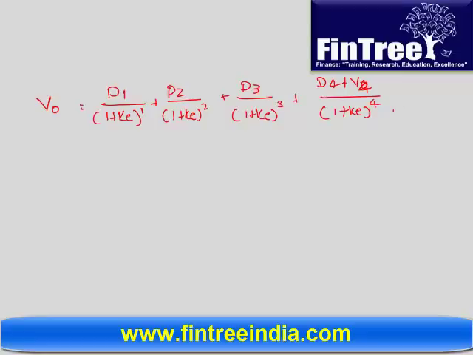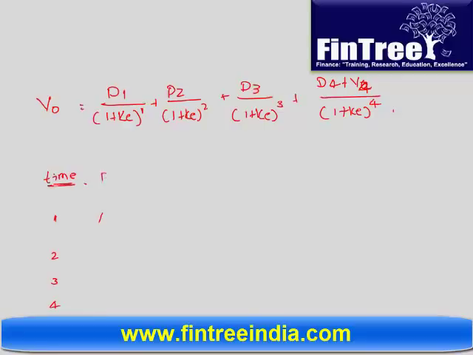So you can make a table like this. This is where you plot time 1, time 2, time 3, time 4 and time 4 again.